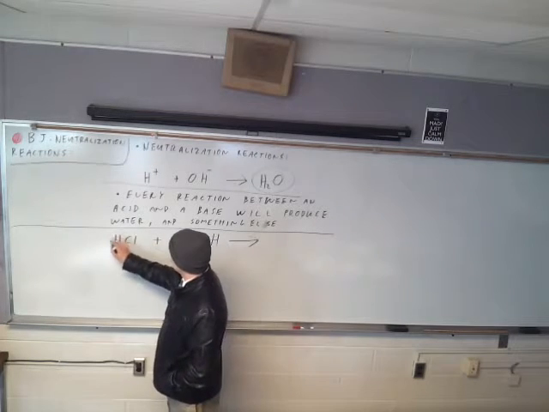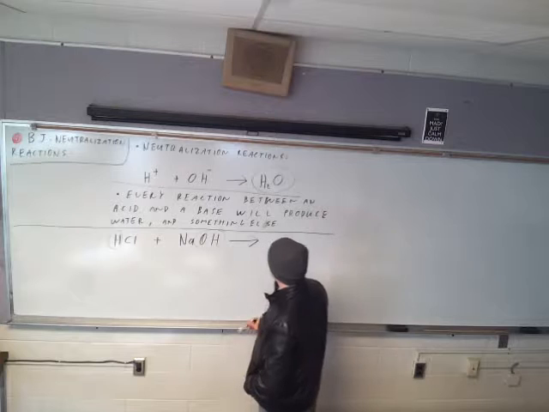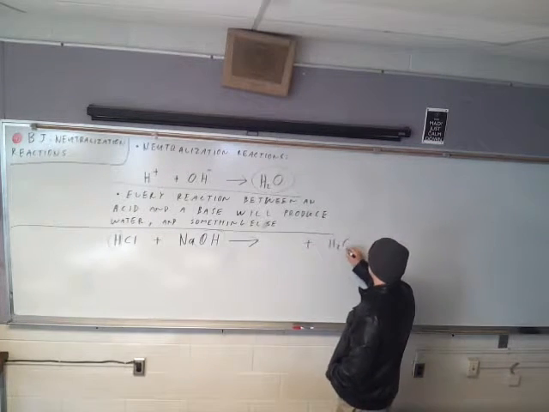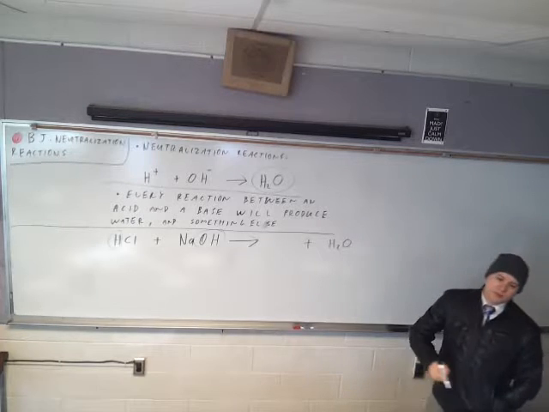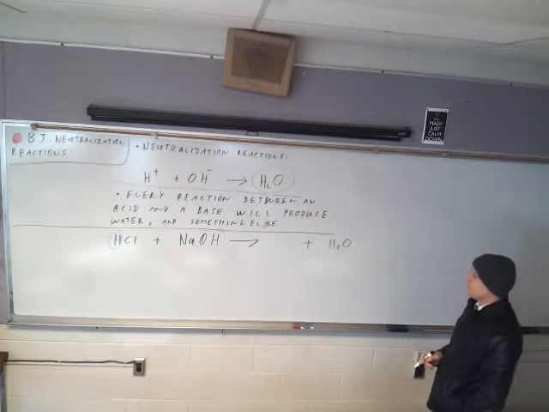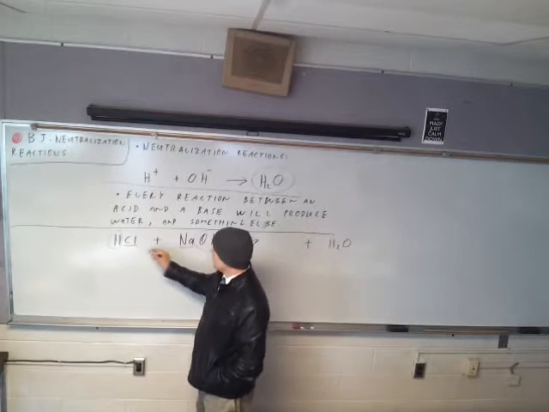So they react. So here's the hydrogen that's going to come off the acid. Here's the hydroxide that's going to come off the base. So that's going to produce H2O. And what's the other product going to be? Just look at what's left, right? Sodium chloride, exactly.